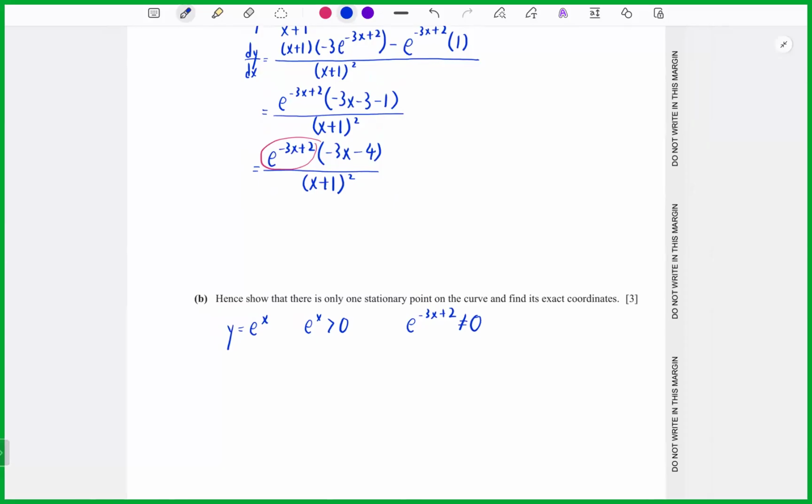This is the first thing, and the second is that it is always more than 0. So your dy/dx is always more than 0.